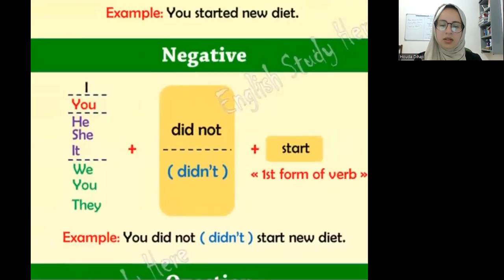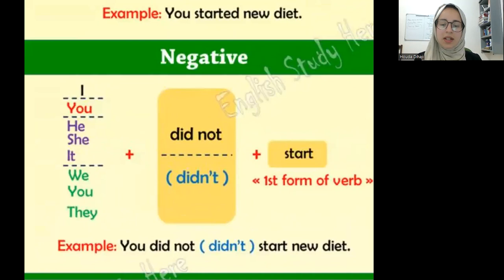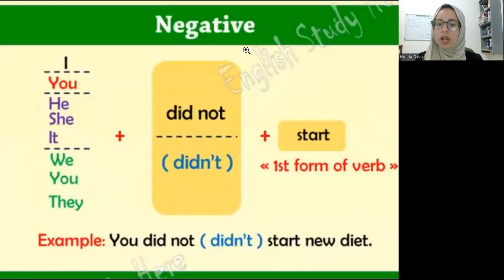All right. Yes. So in the negative form, we have pronouns plus did not or didn't plus verb. Here is a verb in general.